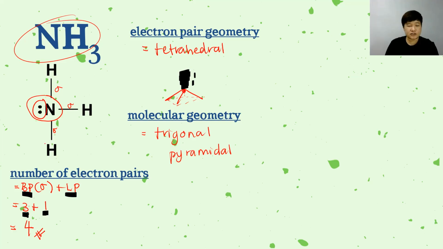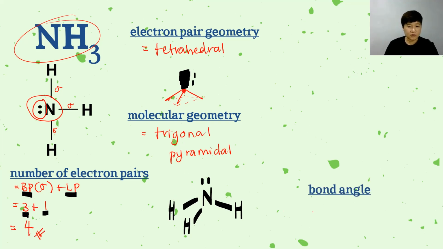And your NH3 needs to be redrawn into the correct shape. And you can draw it simply like this. Your N as your center. You have your H open up like your chicken leg. And then don't forget the lone pair. The lone pair is the reason why it changed from your tetrahedral to your trigonal pyramidal.